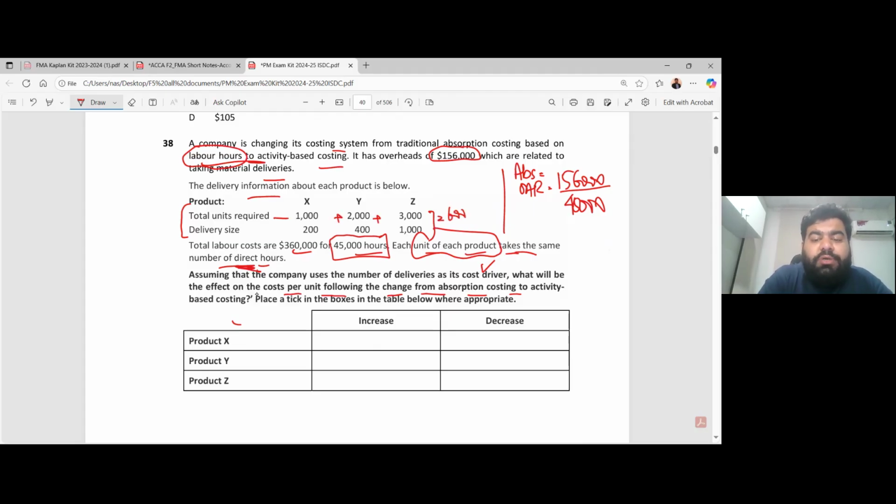It will not go wrong, so you can use units as the base where each product is taking the same number of direct hours.